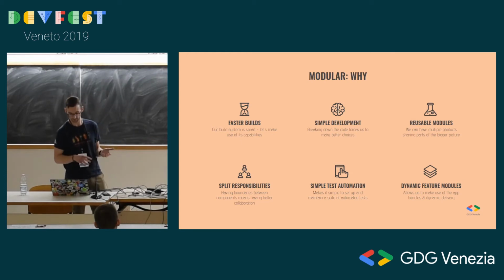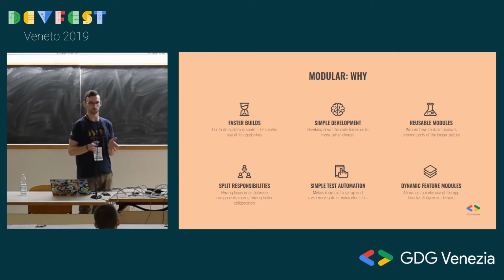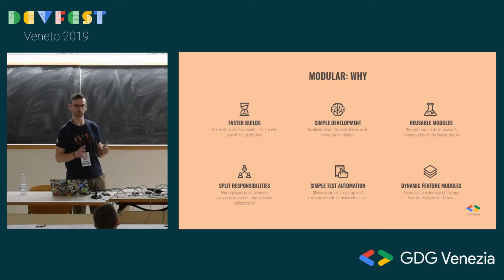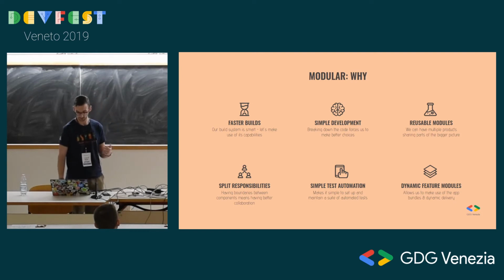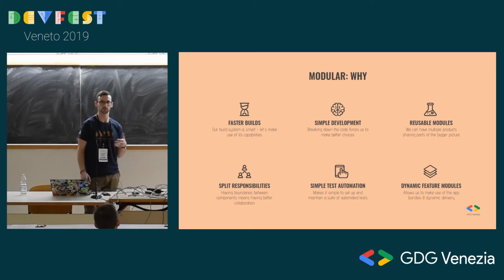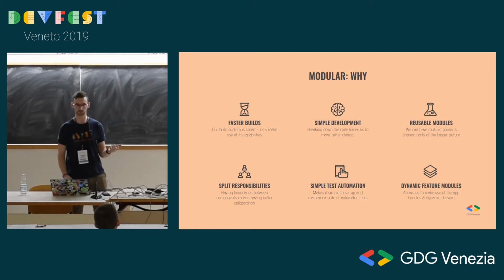It simplifies development because it breaks down the code in a much more streamlined way, so we have to make much better thought-out choices. It allows us to have reusable modules, if you want to build another product which has, again, a selection of features.